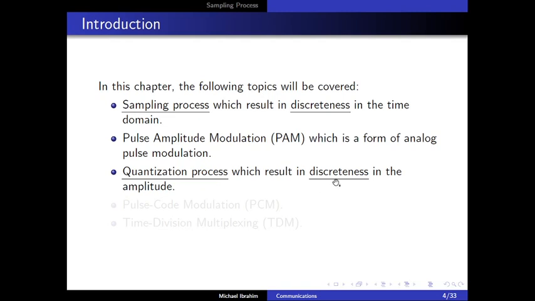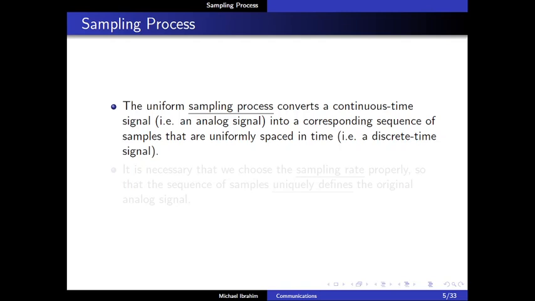And now we will be ready to talk about the digital pulse modulation and the famous modulation technique, which is the pulse code modulation, PCM. And by the end of the chapter, we'll be talking about time division multiplexing. And of course, this is tentative because it depends on how much time we're going to have. So let's start with the sampling process.